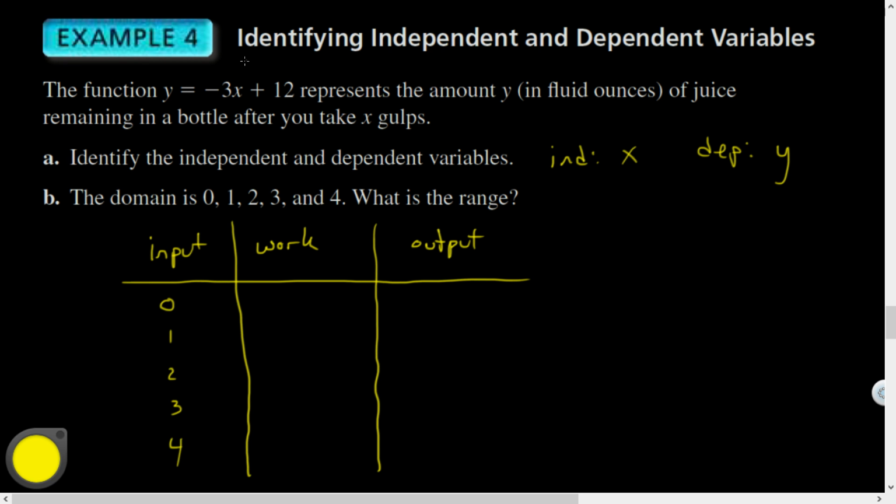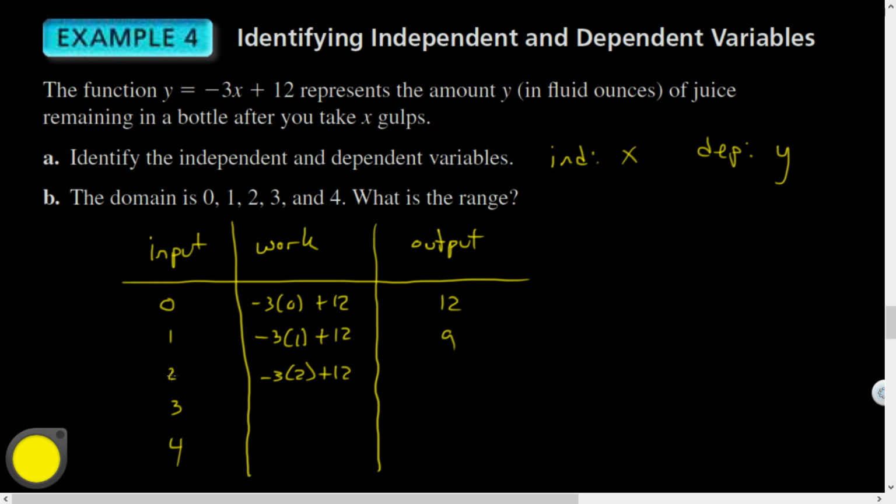So if I plug in 0, negative 3 times 0 plus 12, negative 3 times 0 is 0, I would have an output of 12 ounces. Agreed? If I plug in 1, I'd have negative 3 times 1 plus 12, which is negative 3 plus 12, or 12 minus 3 is 9 ounces. All right, so I'm just doing my work over here to keep my scratch work all nice and organized.